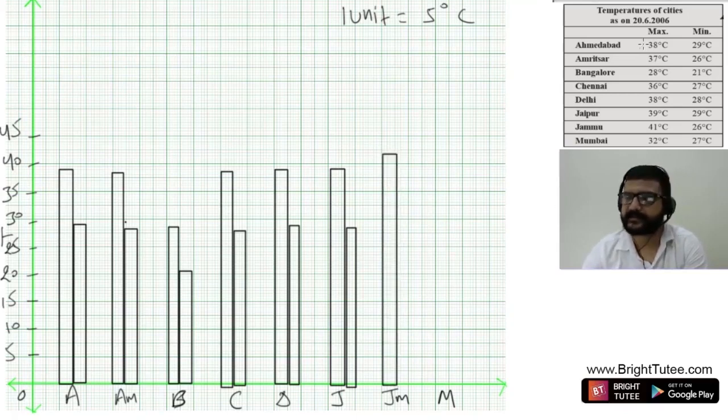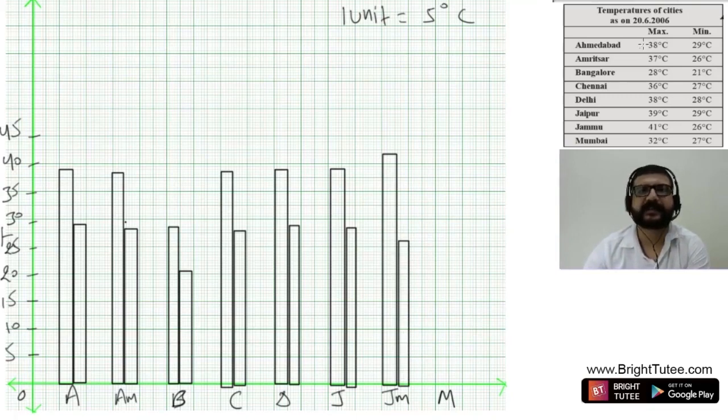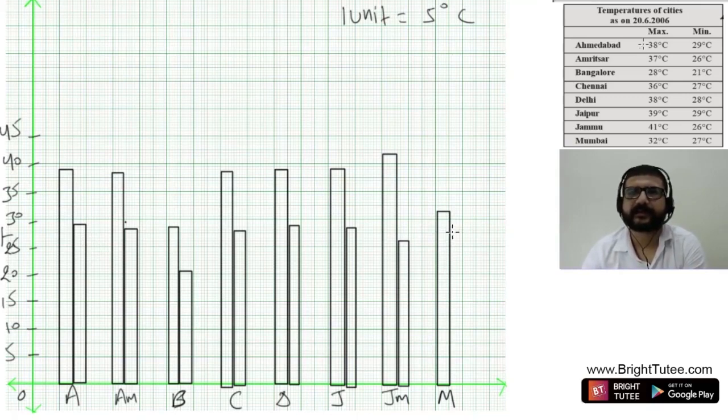And the minimum here is 26 degrees Celsius. So it will be like this. And then we have Mumbai. The maximum temperature here was 32 degrees Celsius. So its bar will be like this. And the minimum here is 27 degrees Celsius. So its bar will be like this.